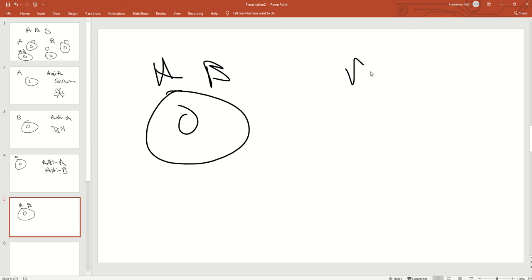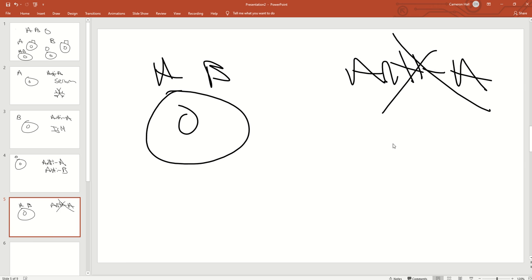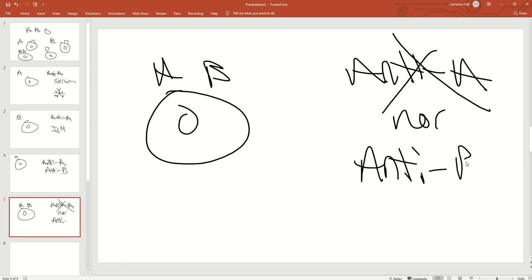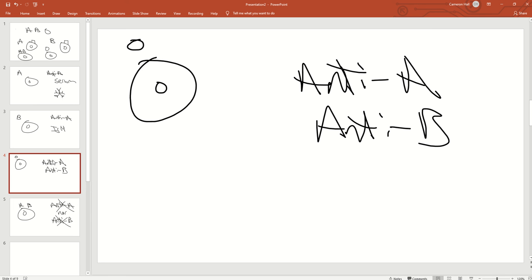Well, at this point you have neither anti-A nor anti-B. You don't have any antibodies in your serum, and this is what makes you the universal receiver if you're AB. And I didn't mention it, but most of you probably already know, you're the universal donor.